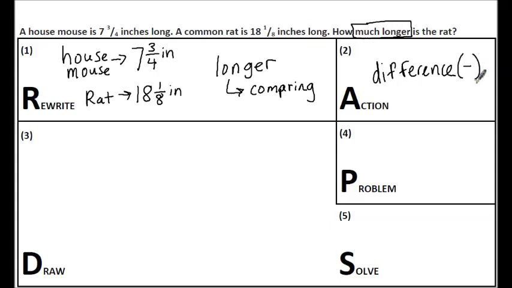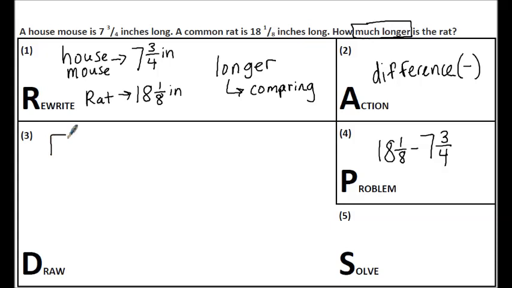And when we're trying to find the difference, subtraction is associated with the difference. So when we're setting up this problem, we always want to put the larger group first when we're finding the difference between a larger group and a smaller group. So 18 1/8 minus 7 3/4 is the problem that we're actually going to be doing.